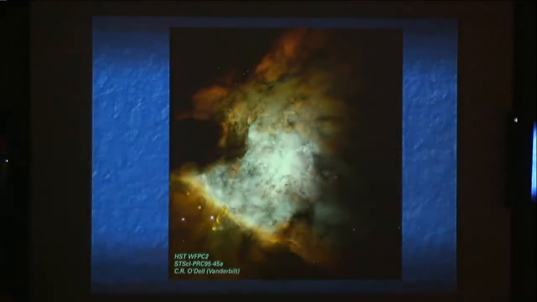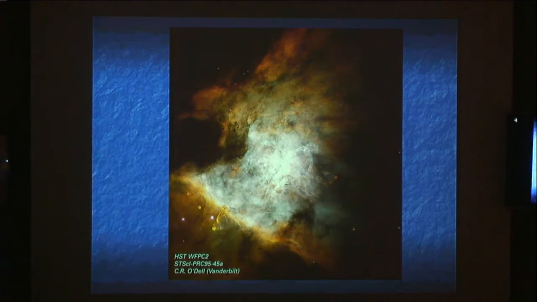So what we're looking at when we look at objects like this is an ionization front on the front of a giant molecular cloud. Now this image is color-coded by ultraviolet radiation, although it's made of visual photons, so that the highest ionization potential, oxygen 3, is rendered in blue.